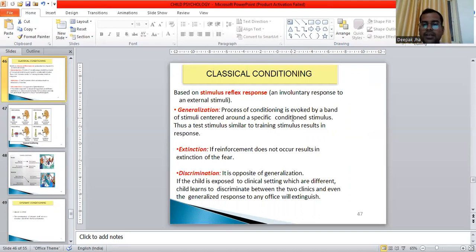So now there will be discrimination. The child will discriminate between the two stimuli and say that this clinic with this setup in this area does not cause me pain. So these are the three basic concepts: generalization, extinction, and discrimination.